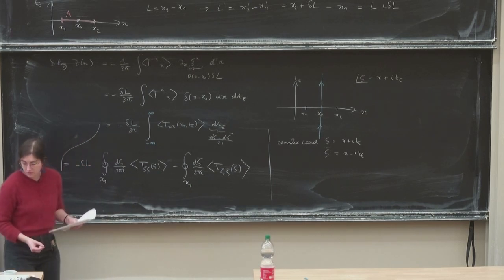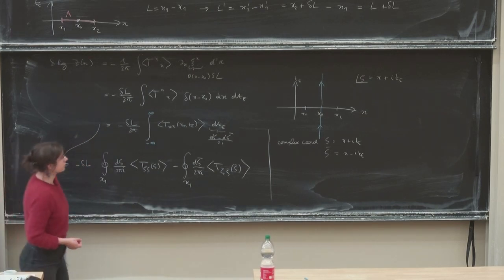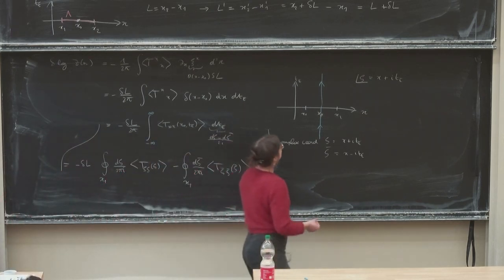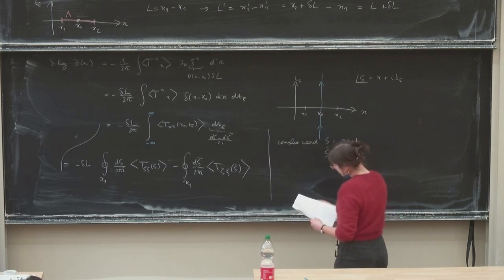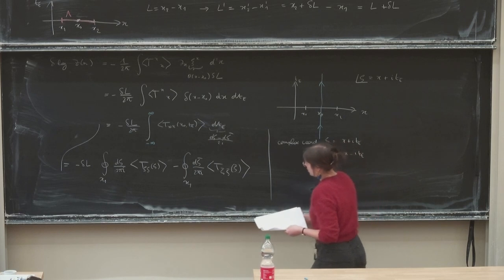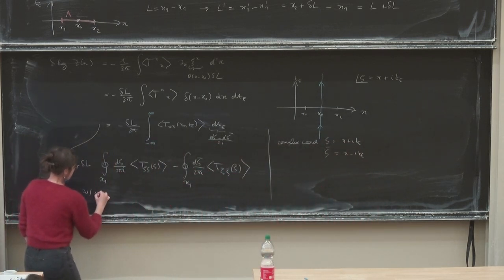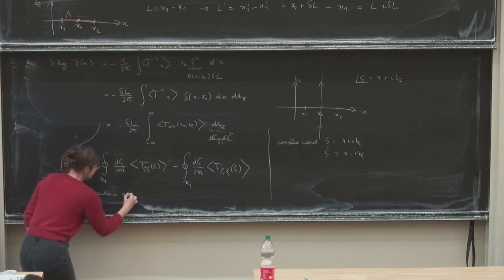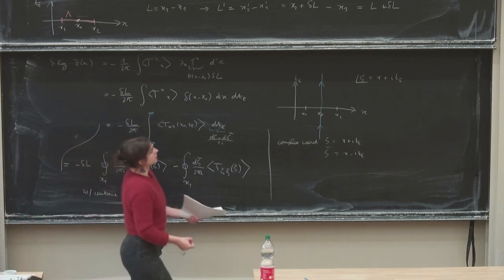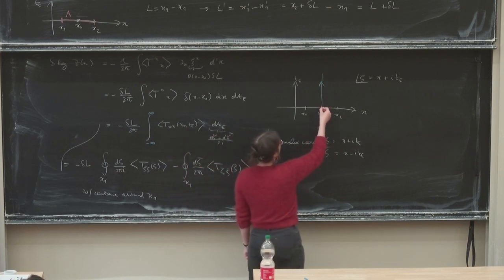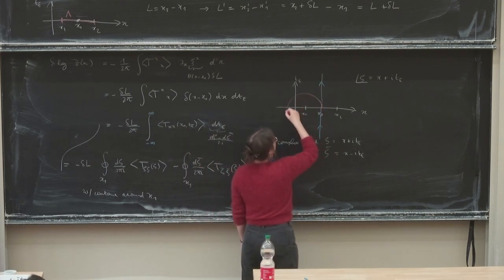Here I've changed the contour by doing a contour deformation. This is a notation for the contour around x1. So I deform this contour to the circle around x1.